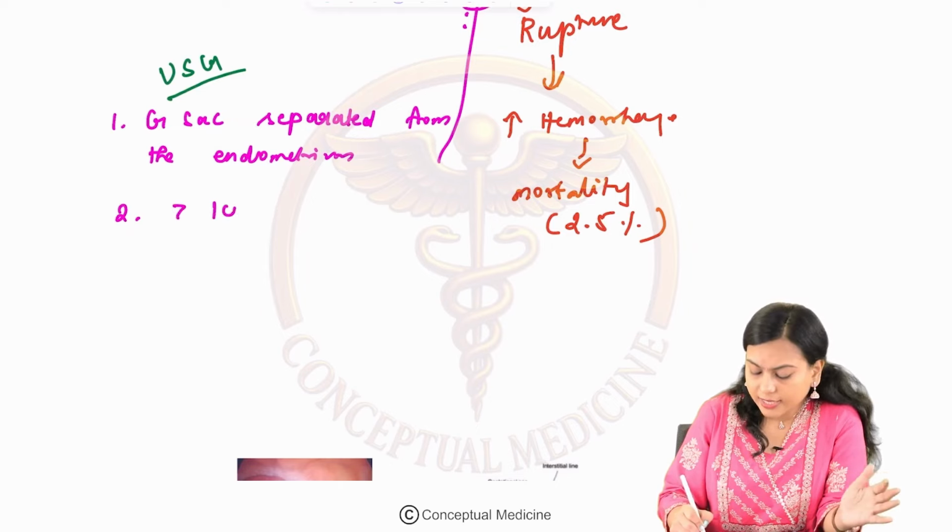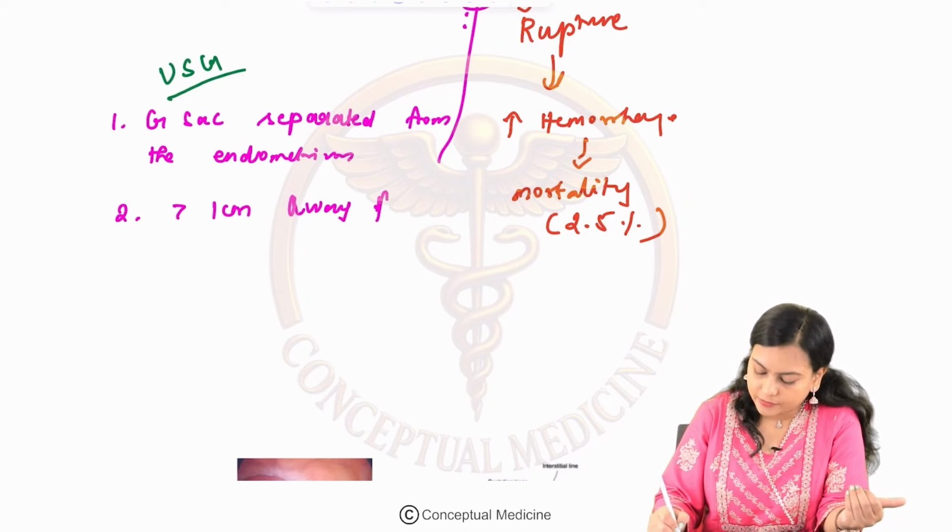Then this G-sac can be seen more than 1 centimeter away from the endometrial cavity.